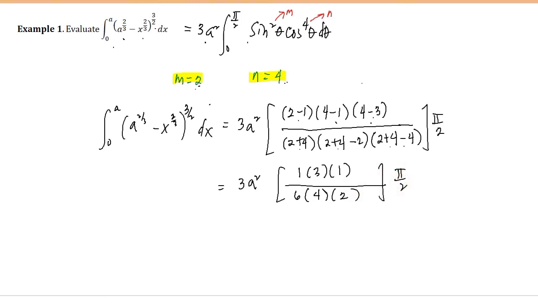The 3 and 6 reduce to 2, so this is equal to 3a squared multiplied by pi over 2 times 4 is 8, times 2 is 16, times 2 is 32. So we have pi over 32.